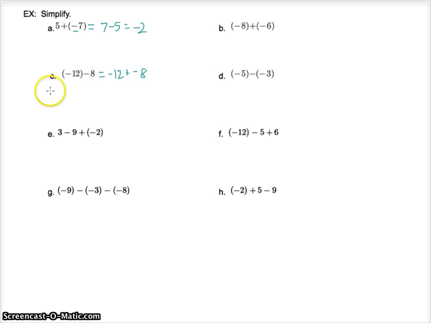So we had subtraction, so we keep, change, change. Now I've got negative 12 plus negative 8, so these are the same signs, so I'm going to add them. 12 plus 8 is 20, and my original sign was negative, so I have negative 20.